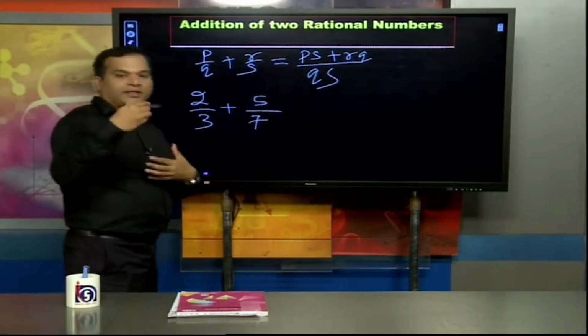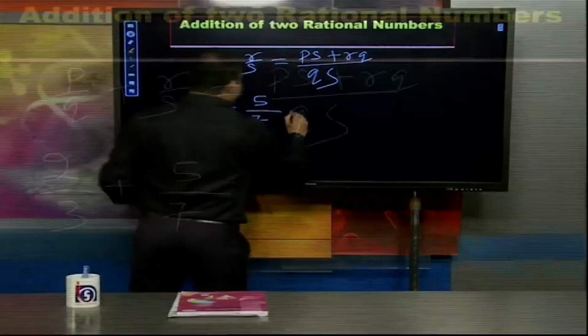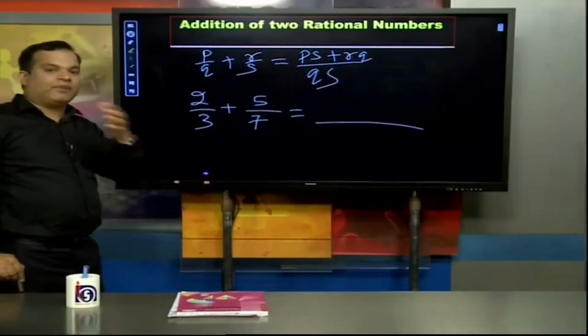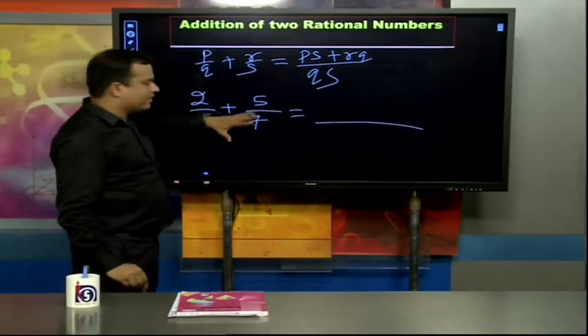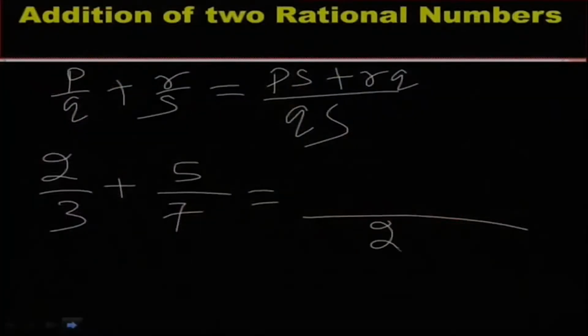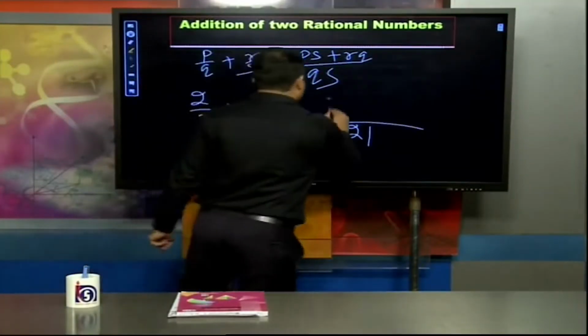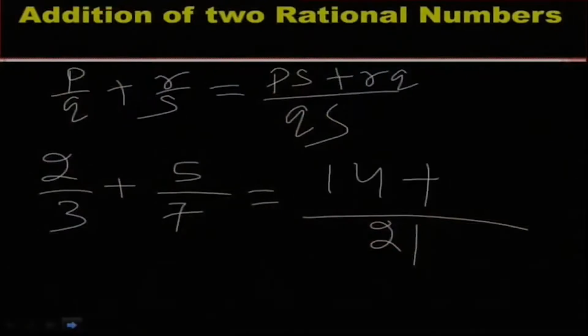So we take the LCM of 3 and 7, which is 3 into 7, that is 21. Dividing 21 by 3 you get 7, and 7 multiplied by 2 is 14. Plus, dividing 21 by 7 you get 3, and 3 multiplied by 5 is 15. So the answer is 29 by 21.